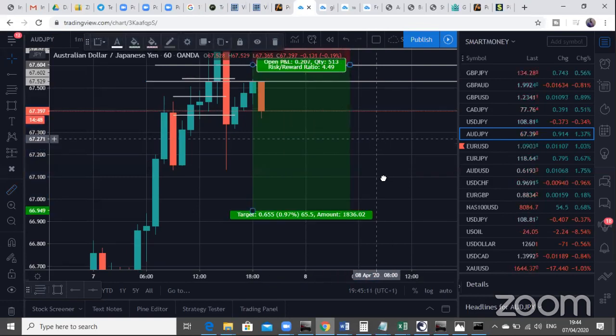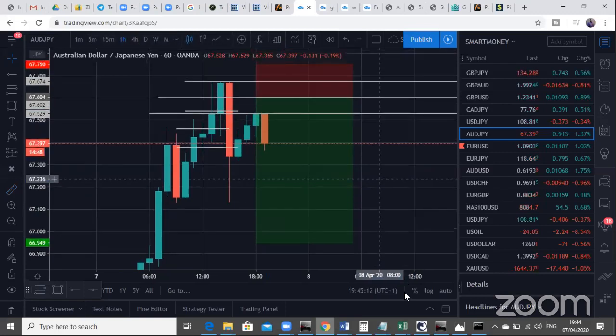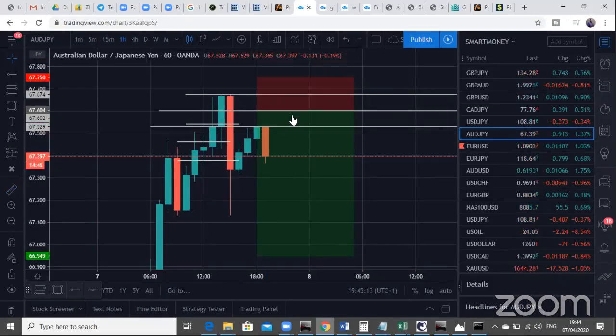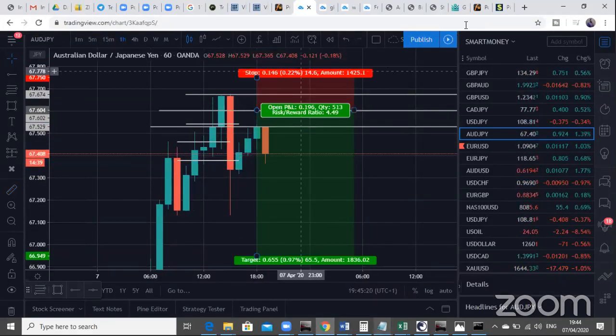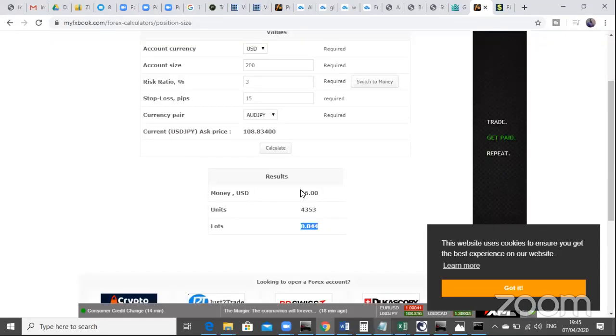Now, the risk ratio also helps you to be able to play in this industry. When you are risking 15 pips, look at AUD-JPY. You are risking 15 pips, and it's telling you to use 0.04. Whereas if you are using the general lot size, you would have used 0.02.